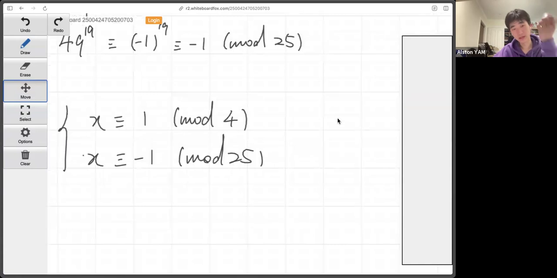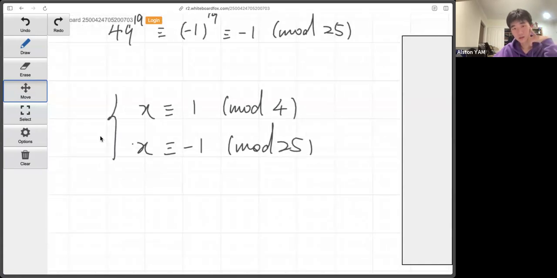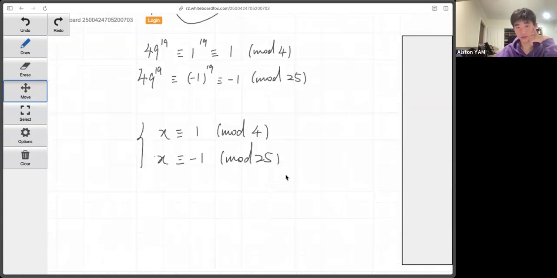And there must be a unique solution of X under mod 100, which is mod 4 times 25. That's just CRT.